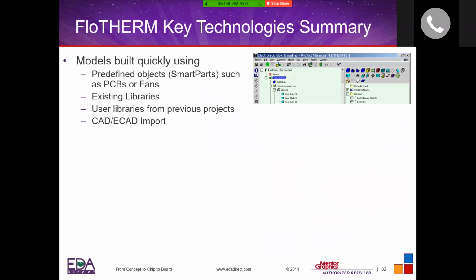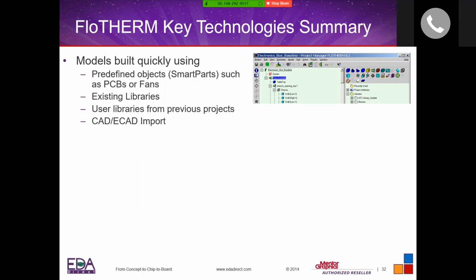All right, so in summary of FloTHERM, we have the advantage where there are predefined objects, and those are the small parts that allow you to easily create a system and be able to model a system before the board is done, before the mechanical assembly is done. You can do all of that from scratch.